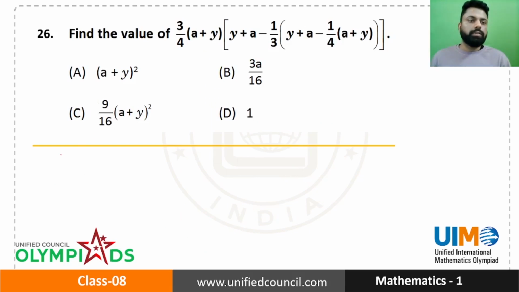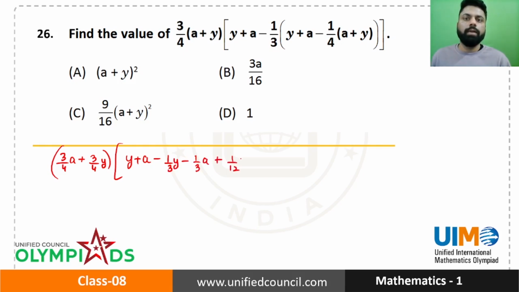Find the value of this. So 3 upon 4 a plus 3 upon 4 y. This is y plus a minus 1 upon 3 y minus 1 upon 3 a plus 1 upon 12 a plus 1 upon 12 y. Let's take it as a plus y.